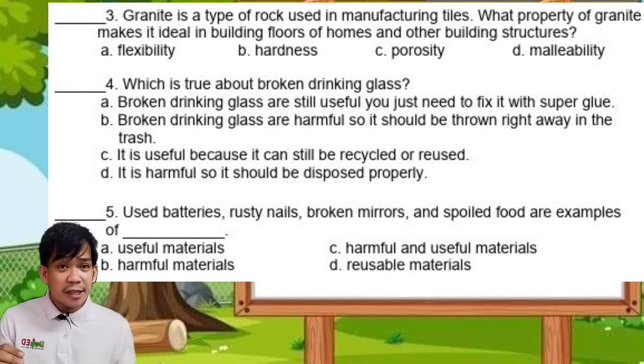Yung used batteries, rusty nails na kinakalawang, broken mirrors na basag-basag, and spoiled food. Is it useful? Kung useful pa siya, A. Kung harmful na siya, B. Kung letter C, harmful and useful. Or D, reusable. Write it on the blank. Okay, so please write your answers.